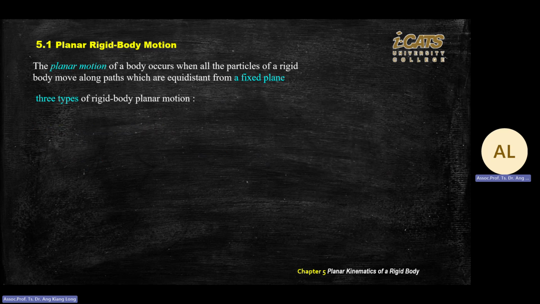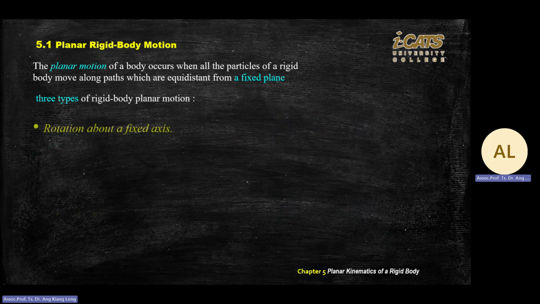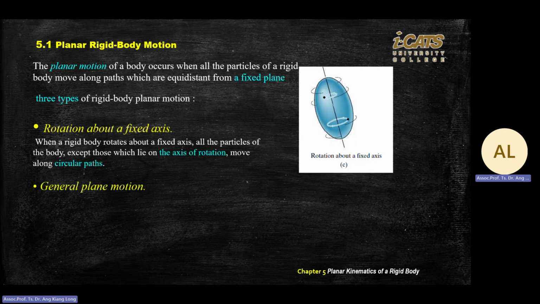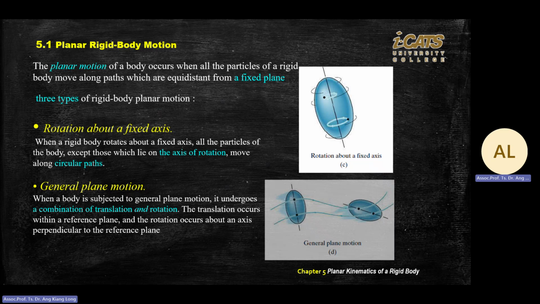Okay, so just now: translation, rotation. And we have one more, a combination of the previous two. You have translation plus rotation, you get general plane motion. You combine the two, you get the one at diagram D. It's called general plane motion. It combines translation plus rotation.